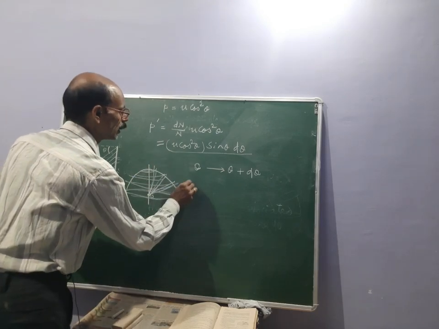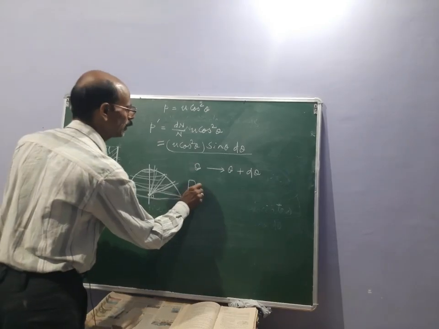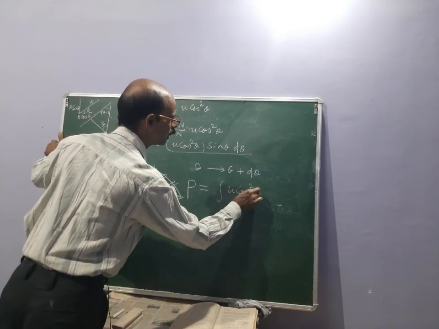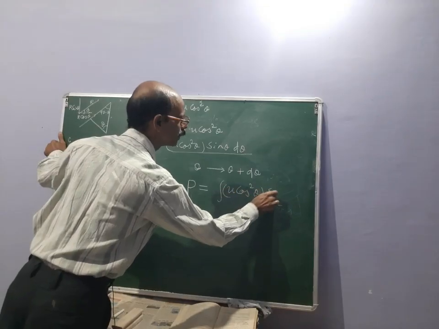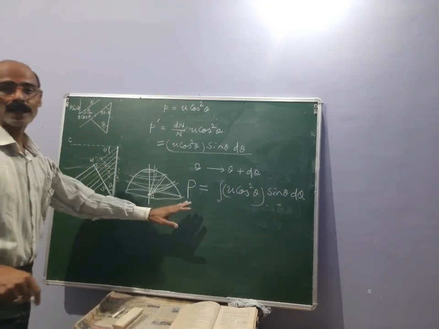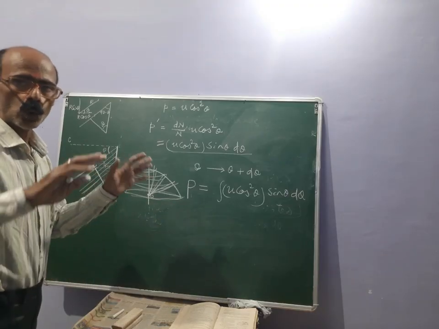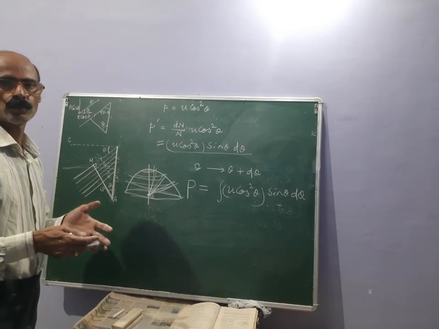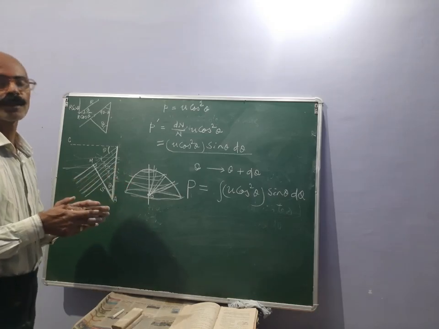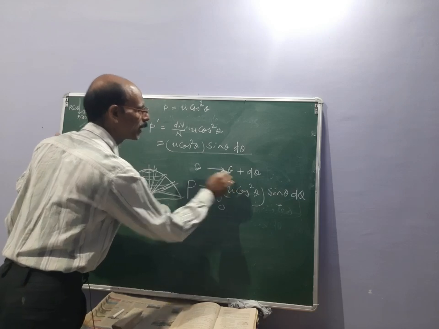So the pressure, suppose I am denoting it by capital P, is equal to the integral of u cos²θ sin θ dθ. This is the pressure for the whole beams associated with the hemisphere, varying from 0 to π by 2.